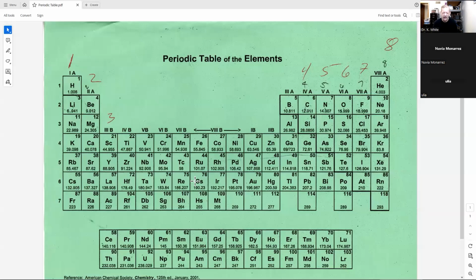And it will also say, please use 3 significant figures for all atomic weights. Therefore, nitrogen, which is 14.007, you should use 14.0. That's rounding that number off to 3 significant figures.